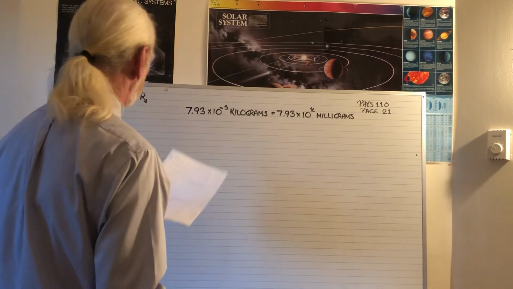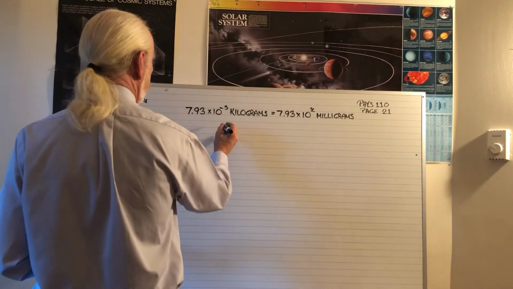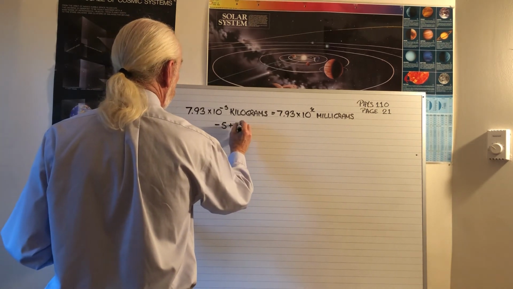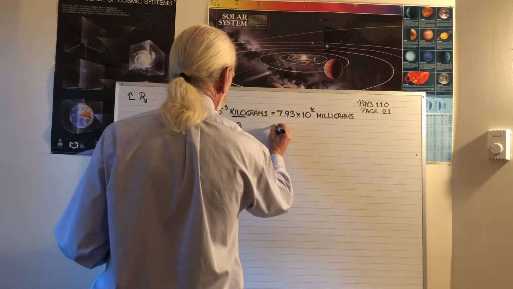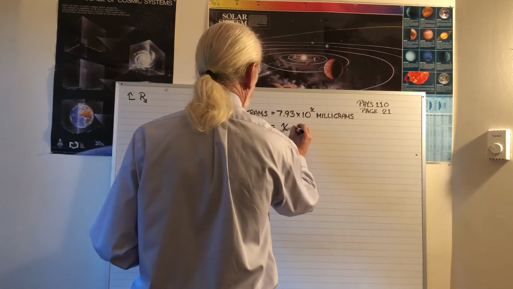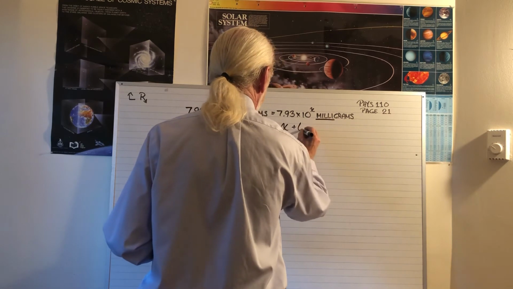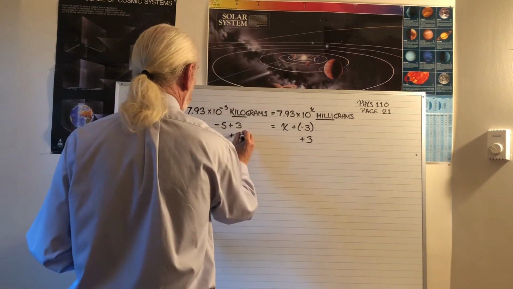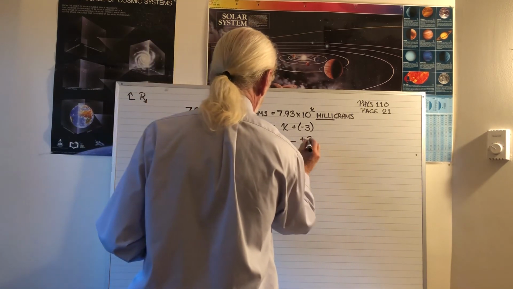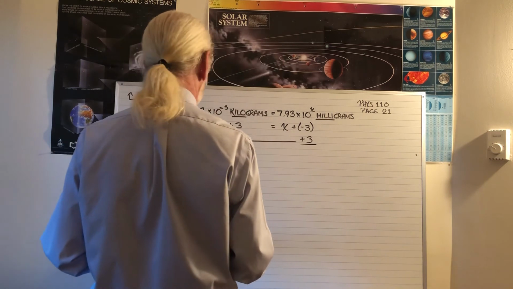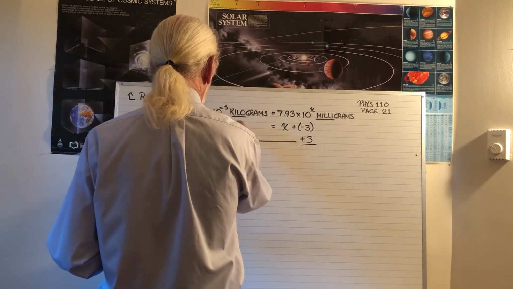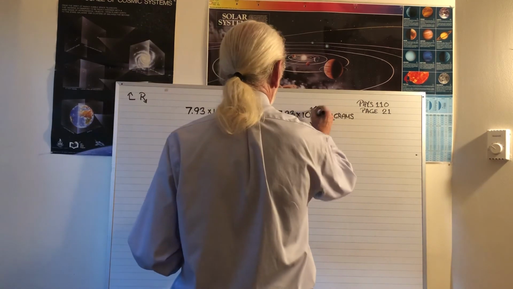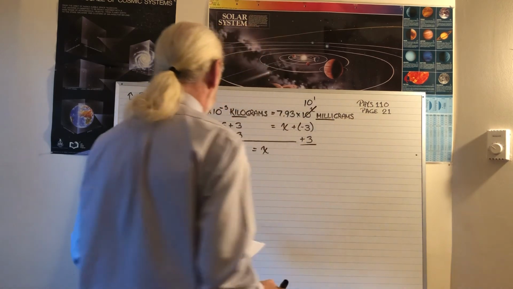Did I read that right? Yes, I did. Okay, left to right. Negative 5 plus 3 equals x plus negative 3. Add 3 to both sides. And I got it. Okay, 1 equals x. Here we go.